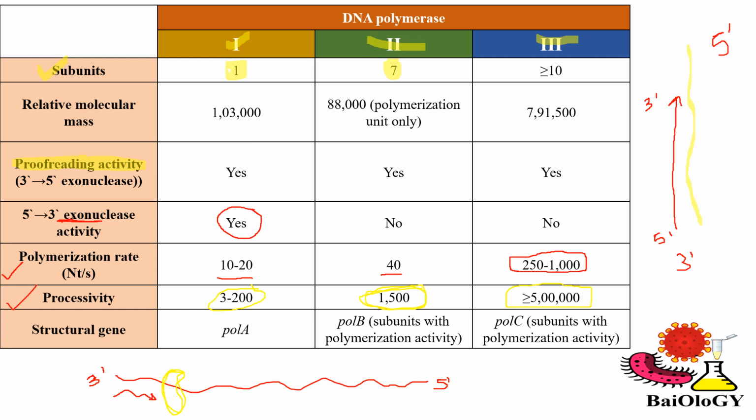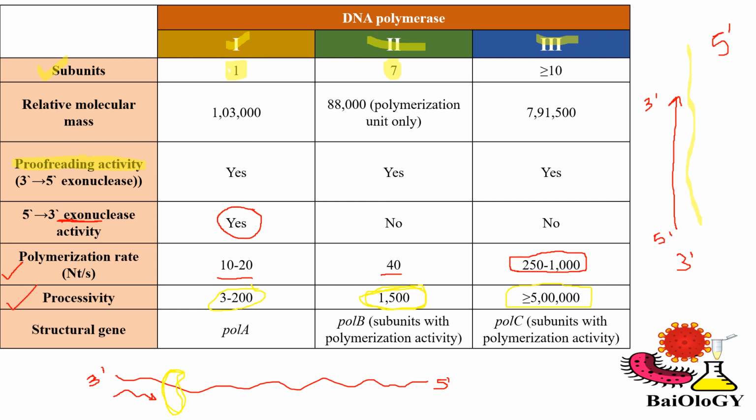Because of its processivity. After adding up to 200 nucleotides, it was getting detached from the DNA template and had to be pushed back towards the template. So DNA replication would just halt, and it would take a lot of time to replicate the DNA template.